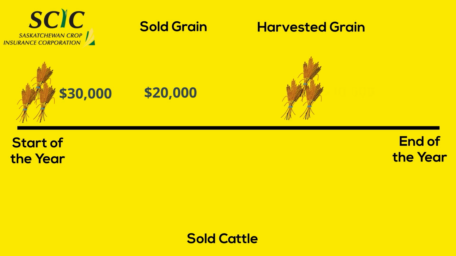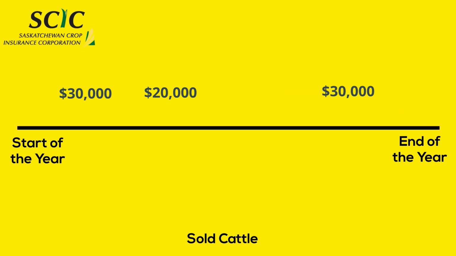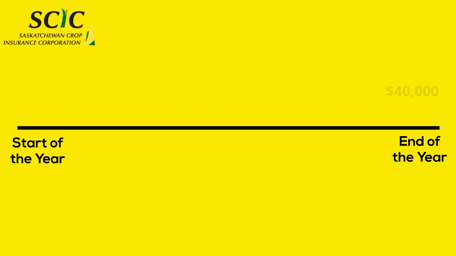Then the crop you've harvested, you've managed to fill up 3 bins of grain. You now have 4 bins of grain at year end. If the fair market value for that grain was unchanged, we could say it was worth $40,000. So, then the inventory adjustment would have been an increase of $10,000. We have more grain than at the start of the year.